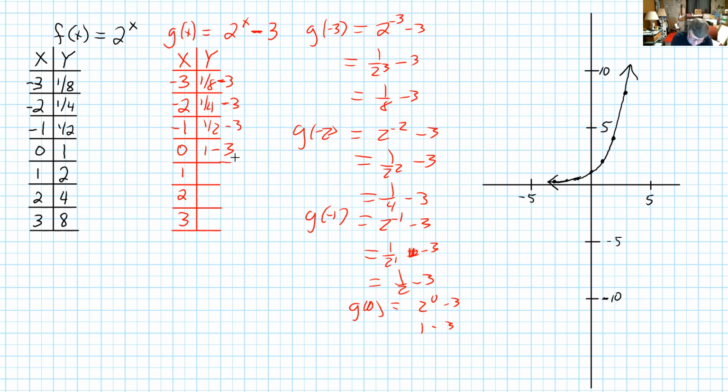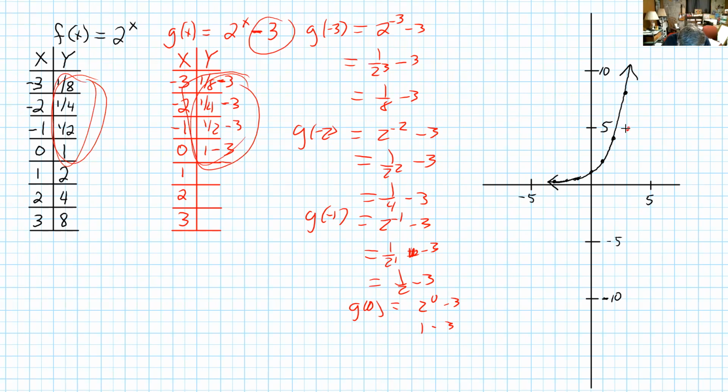Look at what's happening. How do these values compare to those values? These values are the same as those, minus 3. So if the y values are all 3 less, the graph is going to move down 3 units.